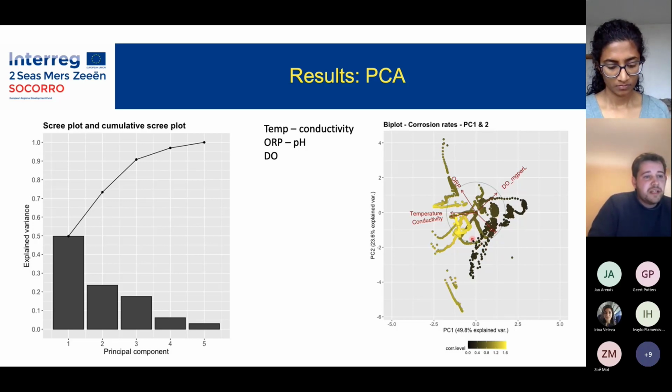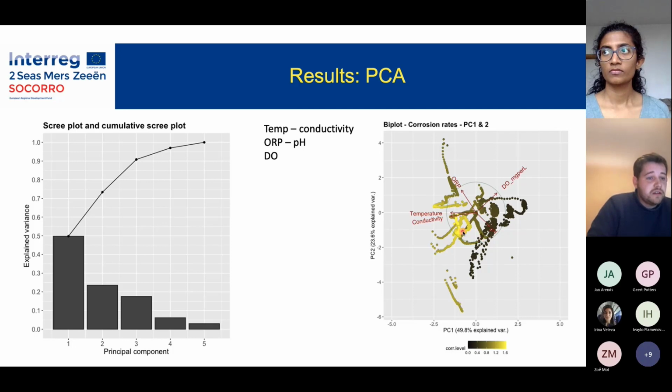The corrosion rate is color-coded in this data set, and the measured parameters are shown as vectors in this graph. This shows that the temperature and conductivity are highly correlated, and they are negatively correlated with the dissolved oxygen. And you can see that the ORP and pH in this graph are negatively correlated as well, but do not have a big correlation with the other environmental parameters.